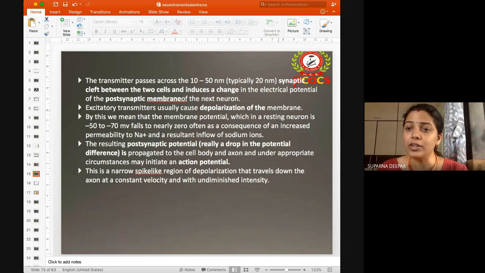What is the charge that chloride ions have, students? Negative charge, right? It is Cl minus. So now, instead of positive charge, negative charge ions are coming inside. So what will happen? If I add minus 30 to minus 70, what will happen? It will become minus 100. Agreed or not?